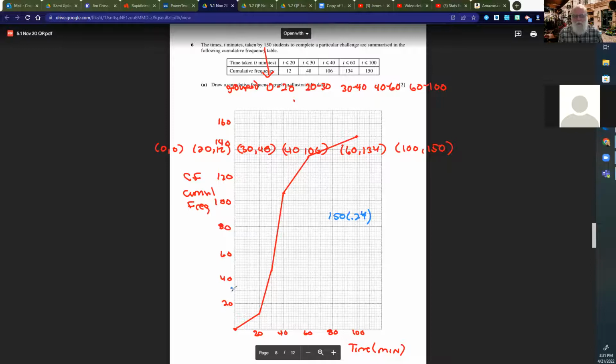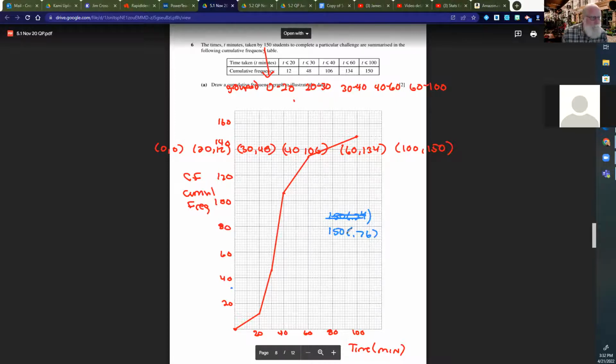I want to have 24% above me. So I'm not going to multiply the 150 times 0.24. What am I going to multiply by? 0.76. Because now how much of it's going to be below me? 76, which means how much is above me? 24 would be above.